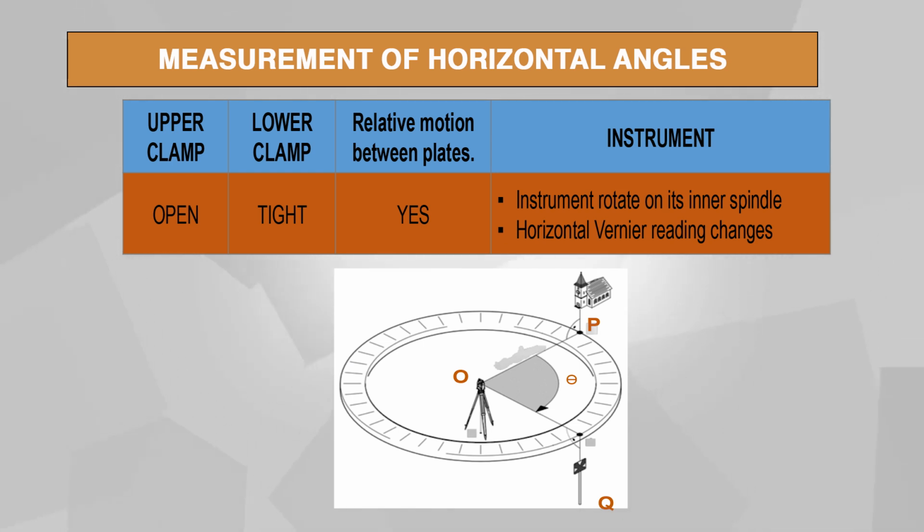Is it clear? The upper plate can now rotate over the lower plate. Then we will sight point Q and record the reading. The angle is measured directly in vernier A reading, and as I told, vernier B reading would be 180 degrees greater than the actual value.